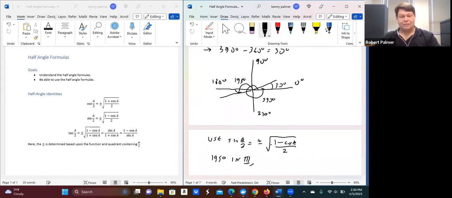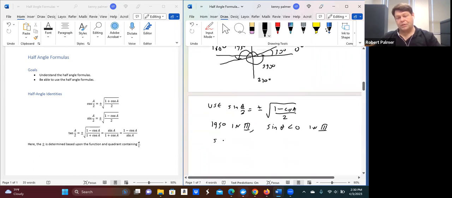And sine is negative in quadrant 3. Okay. So in this case, we're going to use the negative version.